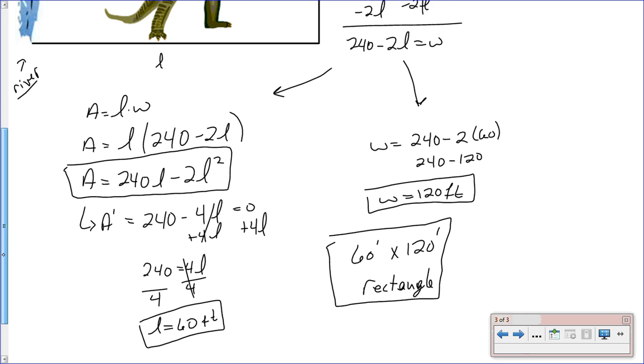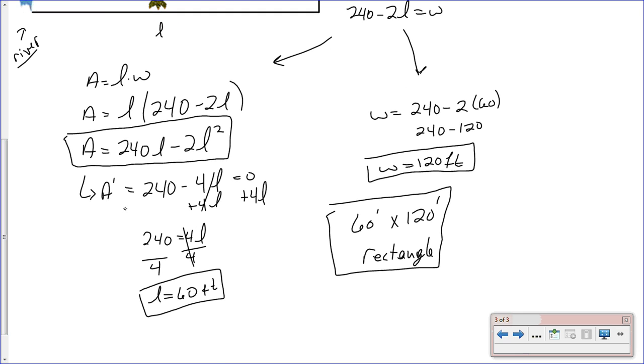So now you got to find the max or min. So we found A prime. We set it equal to 0 and solved for L. We got L is 60. Okay, we got L is 60. Now, just to prove that this is a maximum, what you could have done is found a double prime. All right, when you find a double prime, that gives you -4.